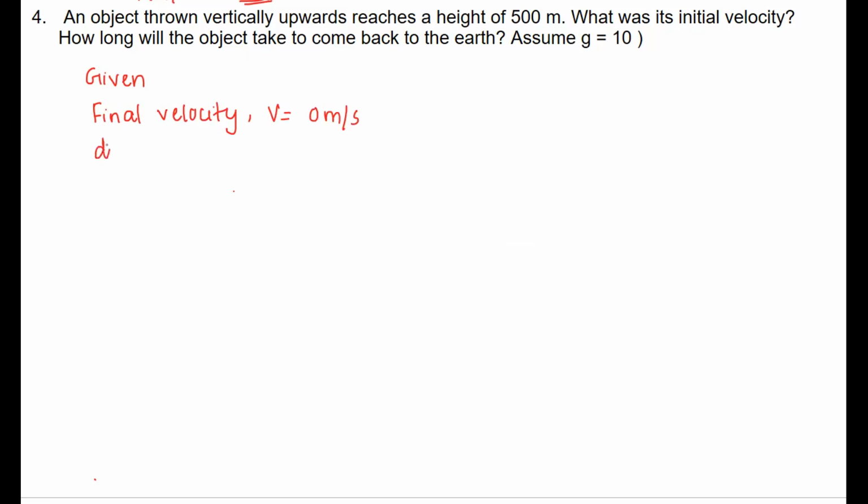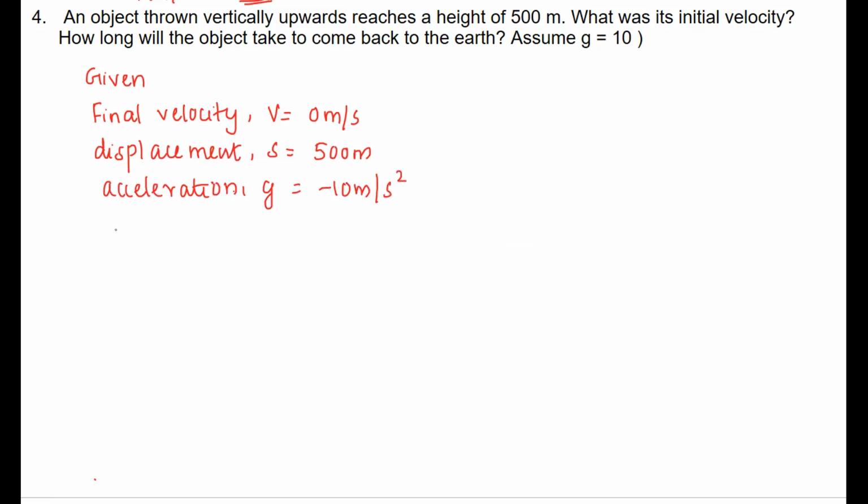So displacement is S is equal to 500 meter. Object is moving upwards, so it is moving against gravity. So acceleration g is equal to minus 10 meter per second square.